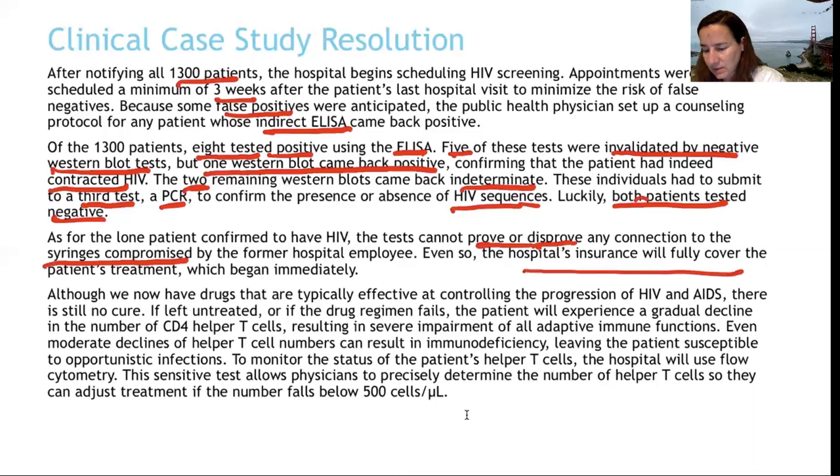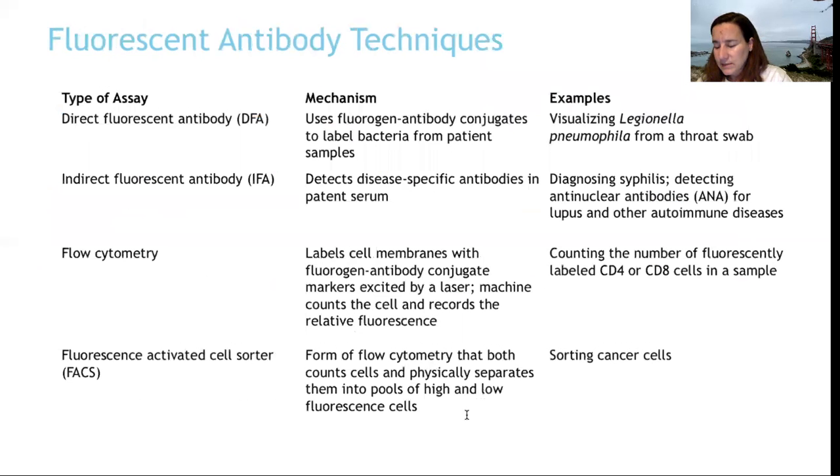So the insurance is fully covering the patient's treatment, which began immediately because, again, the sooner you treat this, the better off the patient will be, and they will need this treatment for a lifetime because there's no cure right now at this moment for HIV, but we do have preventative drugs to prevent it from progressing. Yeah, talking about the drugs that we use to stop it, slow it down. All the different tests that we talked about in this video, that is it.